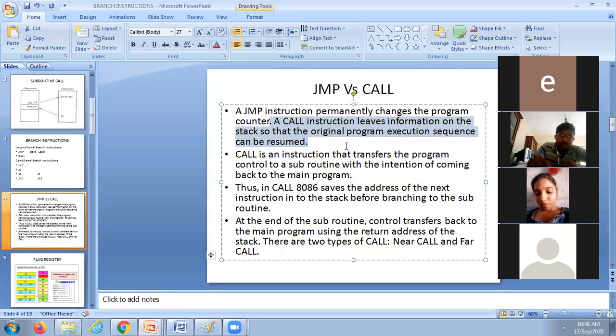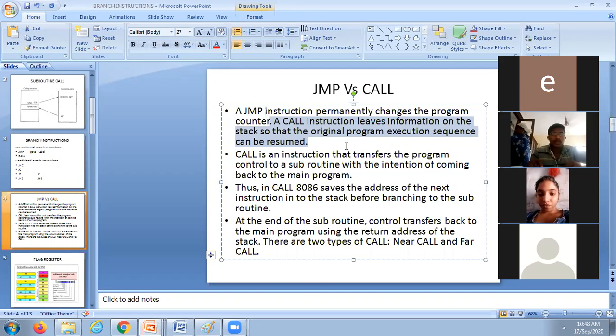The purpose is so that the original program execution sequence can be resumed. So we are storing the status onto the stack for the purpose of resuming the sequence of operation in the main program.